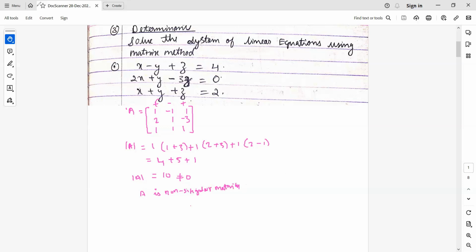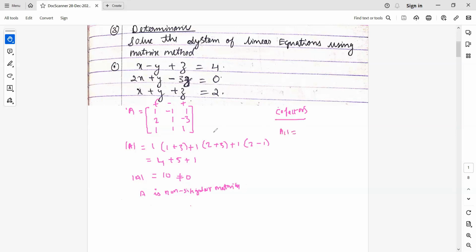Next, we need to calculate the adjoint of A. To calculate the adjoint of A, first we need to calculate the cofactors. In cofactors, the first cofactor will be A11.